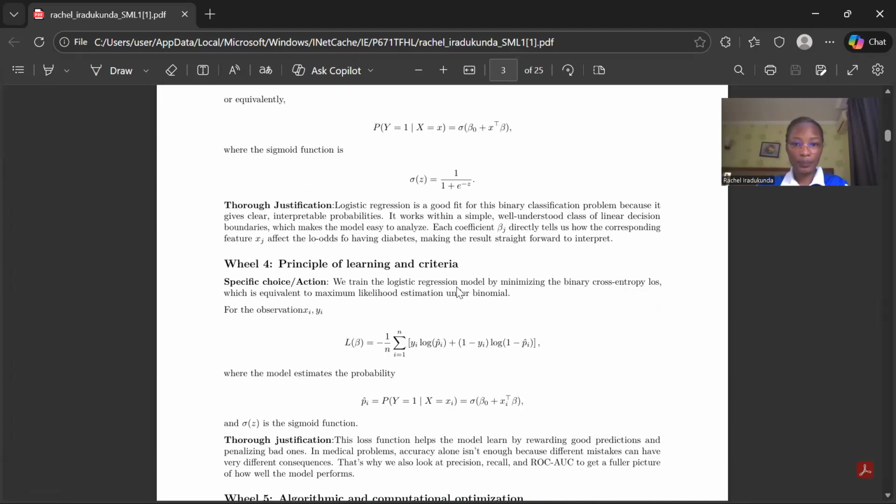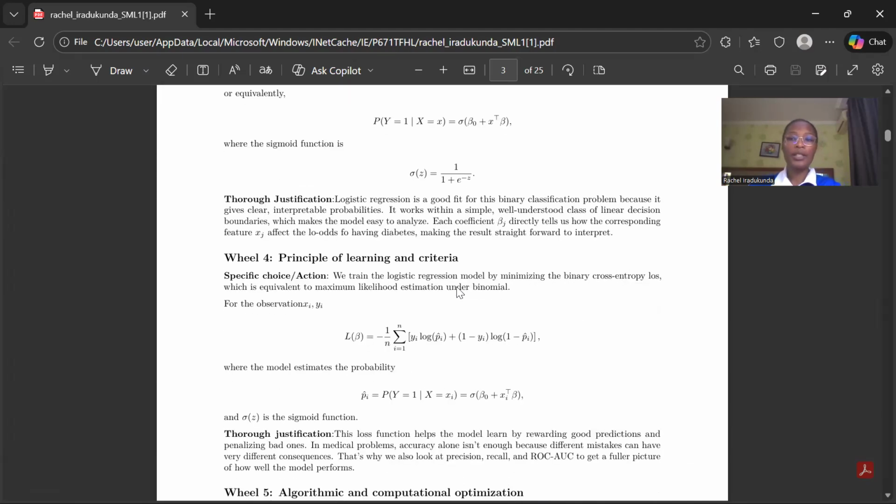Logistic regression is a good fit for binary classification because it is able to predict 0 and 1. That's why we use it, and it also makes the model easy to analyze and to estimate the parameters of the model.